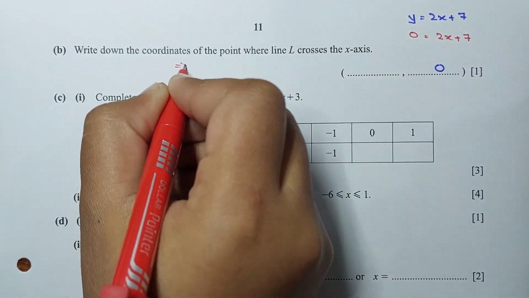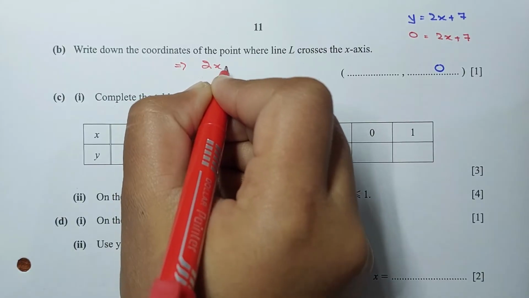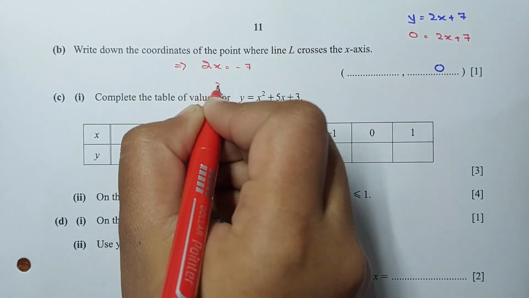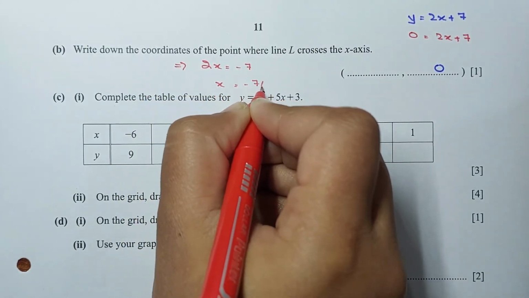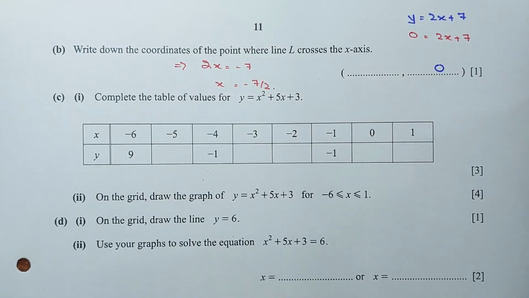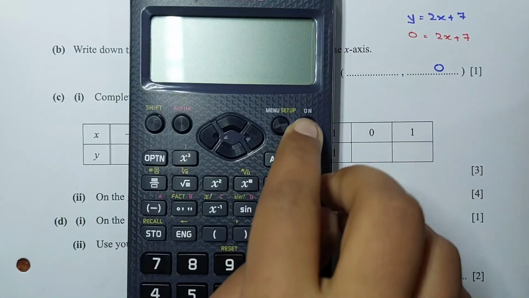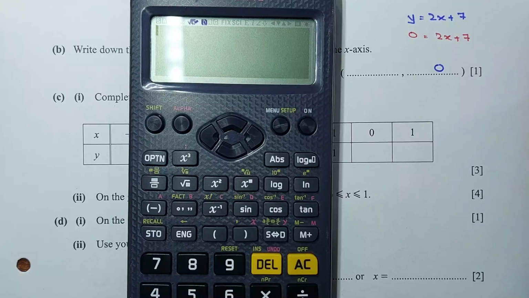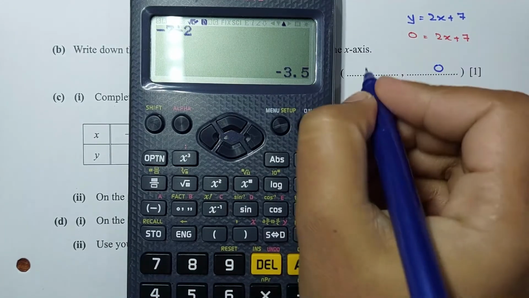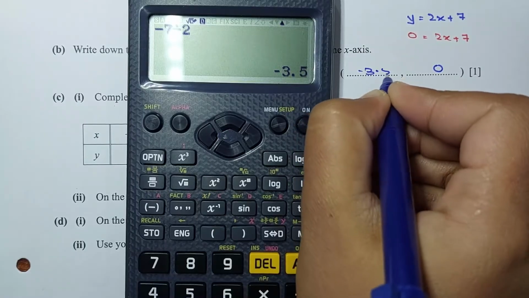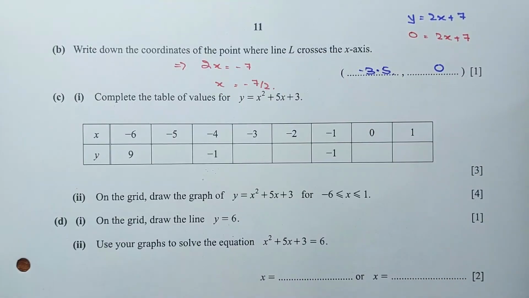Let me solve for x. So 2x would be equals to -7 and from here x would be equals to -7 by 2. Let me double check. -7 over 2, which is -3.5. Yes, -3.5 is the x-intercept.